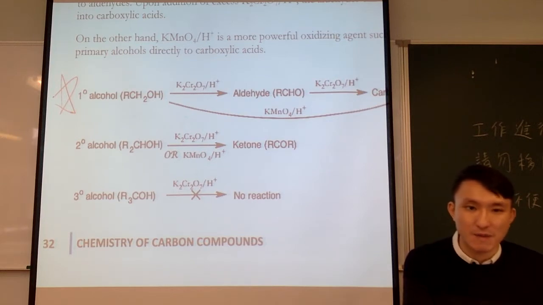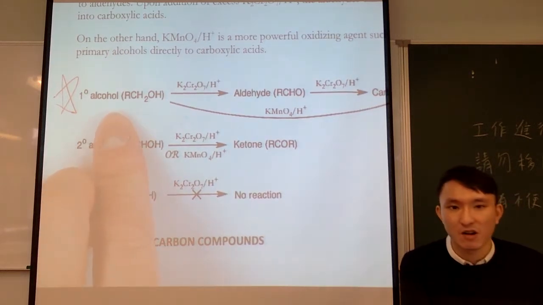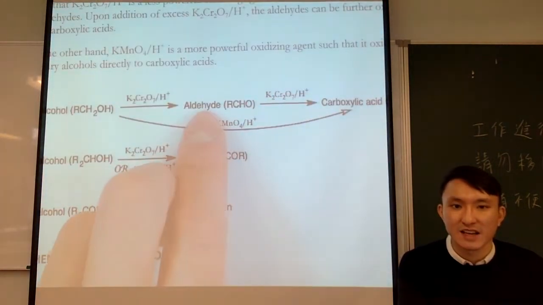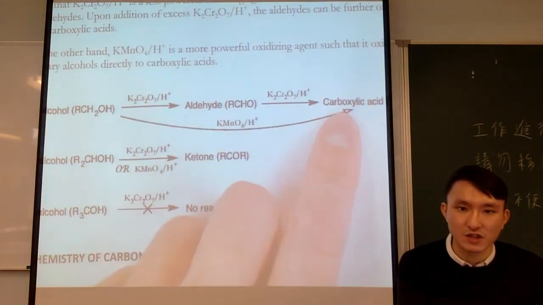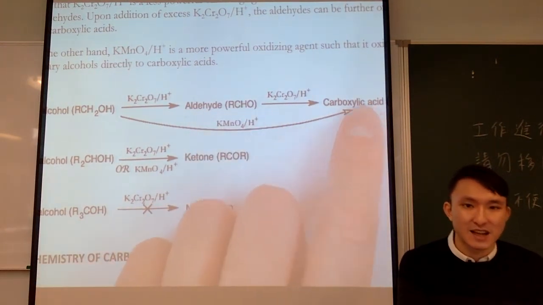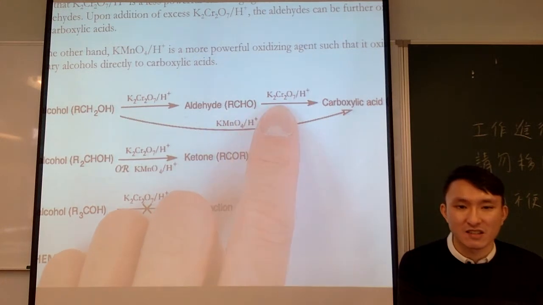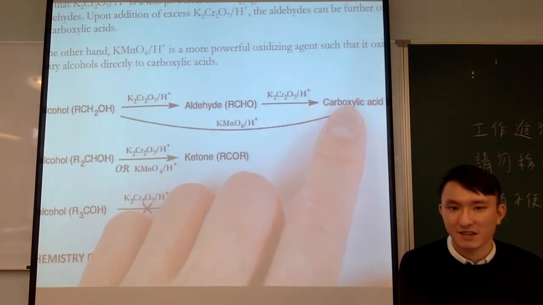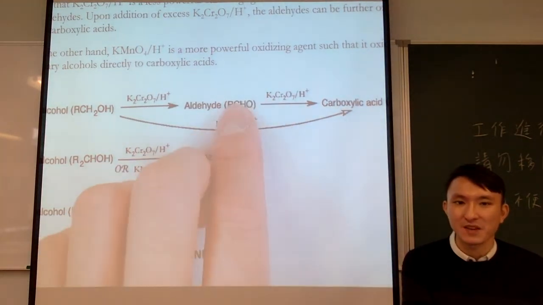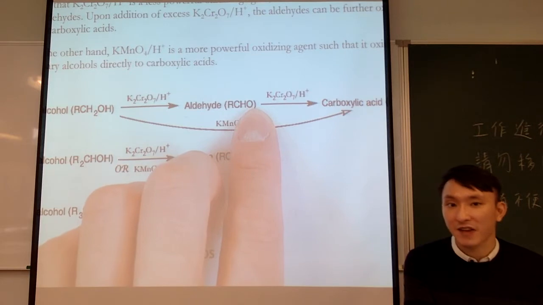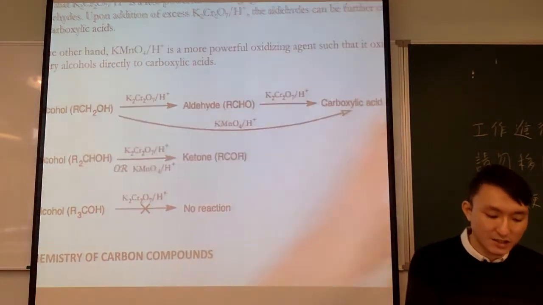For primary alcohol, it can undergo oxidation to form aldehyde, and the aldehyde is able to undergo further oxidation to form carboxylic acid. So in this case, it is not the oxidation of alcohol, it is the oxidation of aldehyde to form carboxylic acid. That makes it one chemical reaction for aldehyde. So we did talk about that.